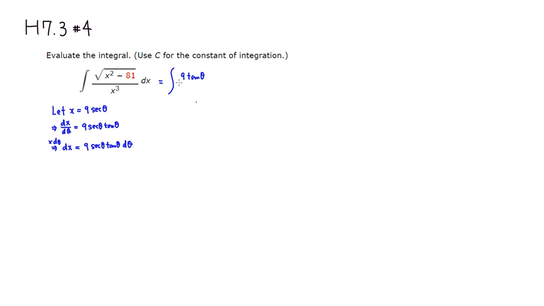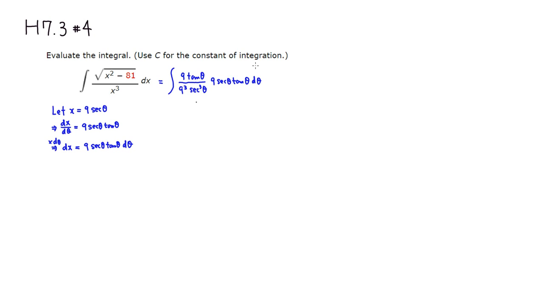Then on the bottom you have x cubed, so this is going to be 9 cubed secant cubed of theta. Then dx is 9 secant of theta times tangent of theta, and the d theta.